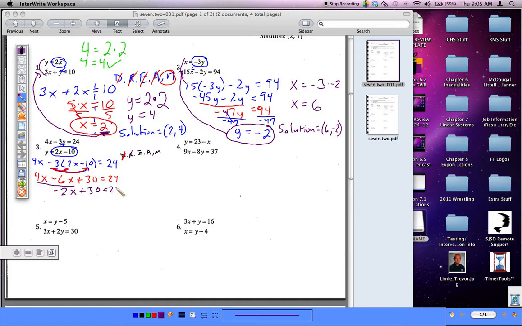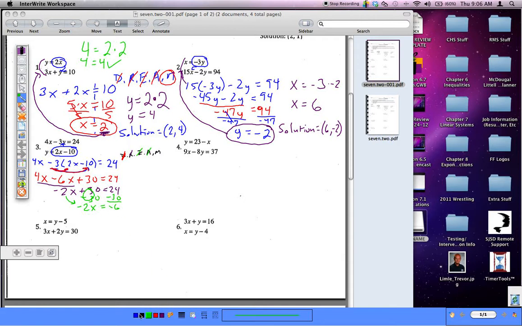Rewrite the rest. Next step would be addition, subtraction. There is no elimination here. What we need to add or subtract is 30 because it's being added with my variable. To solve that, I will subtract. That zeros, leaving negative 2x to equal negative 6.